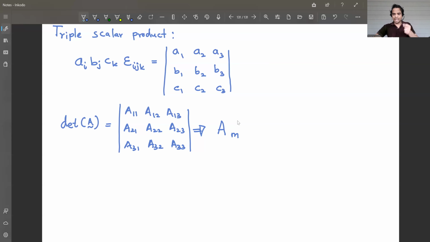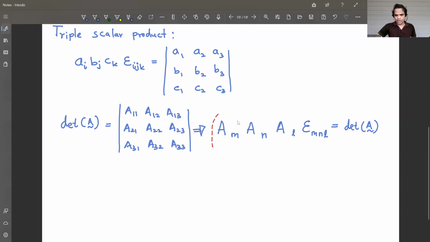Instead of A_i, I'll write A_1M. For the second one, which is again A, instead of the second subscript I use J, here I will use N. Similarly, for the third, I will use L. So I have written these first three, then I have to write epsilon, that is epsilon MNL, equals the determinant of A. That's all?